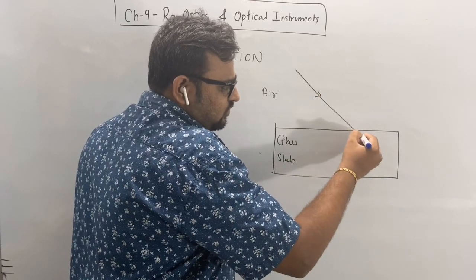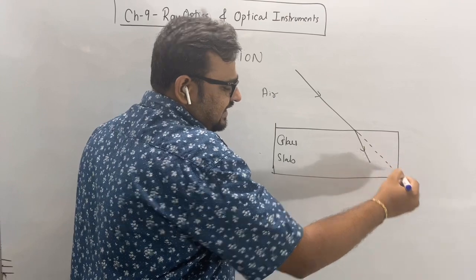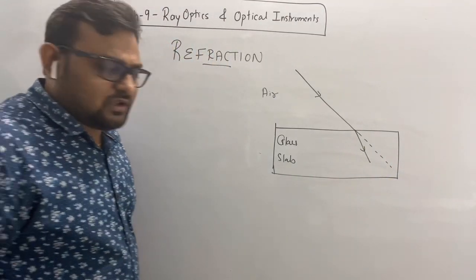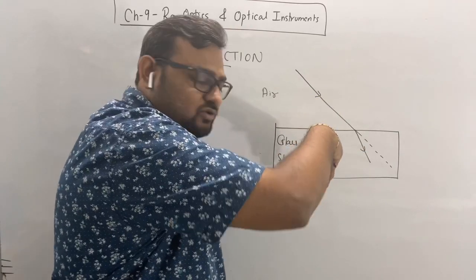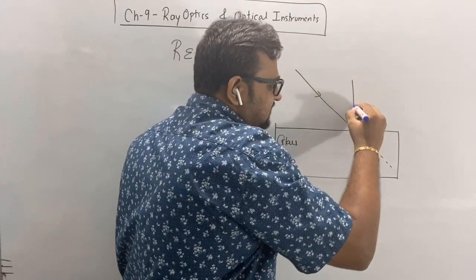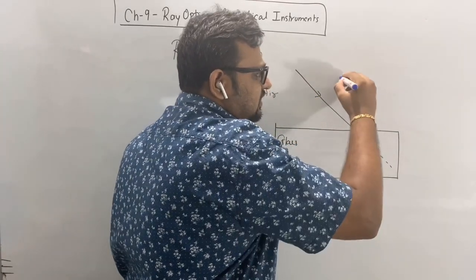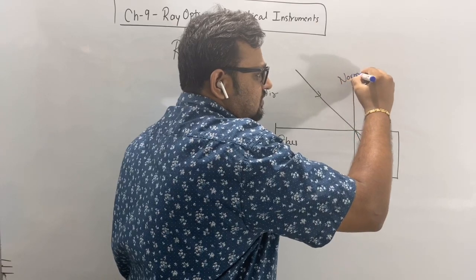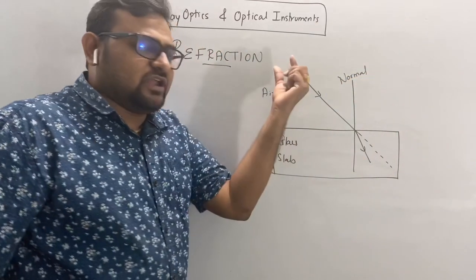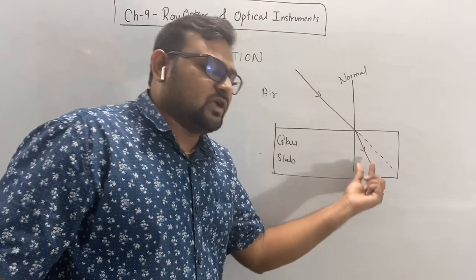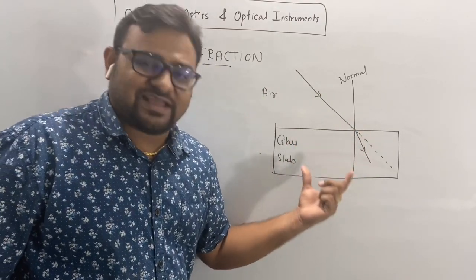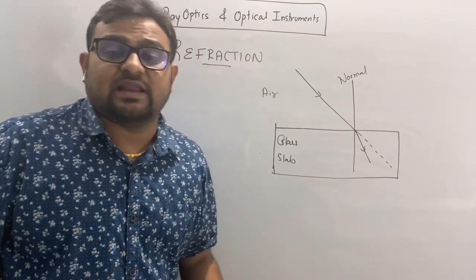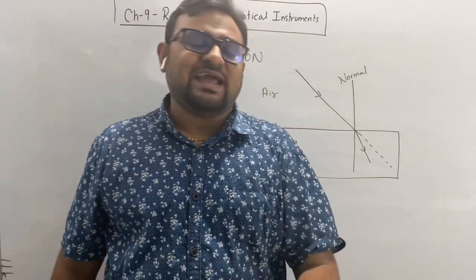See, this was the original direction. Clear? What happened? It bends. This is the normal. What happens when a ray of light enters from one medium to another? It bends, or it changes direction. This phenomenon is called refraction.